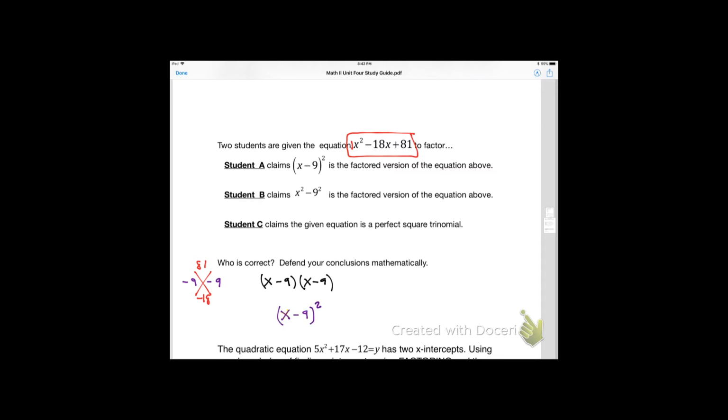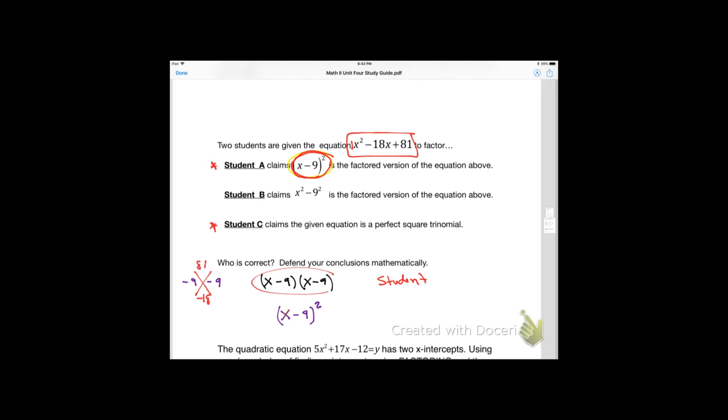So now when we look at the claims, we check to see which of these students is correct. So now if we look at the students, student A has the same exact answer that we're looking for here. So student A seems to be correct. And it just so happens that student C is also correct because this actually is a perfect square trinomial.